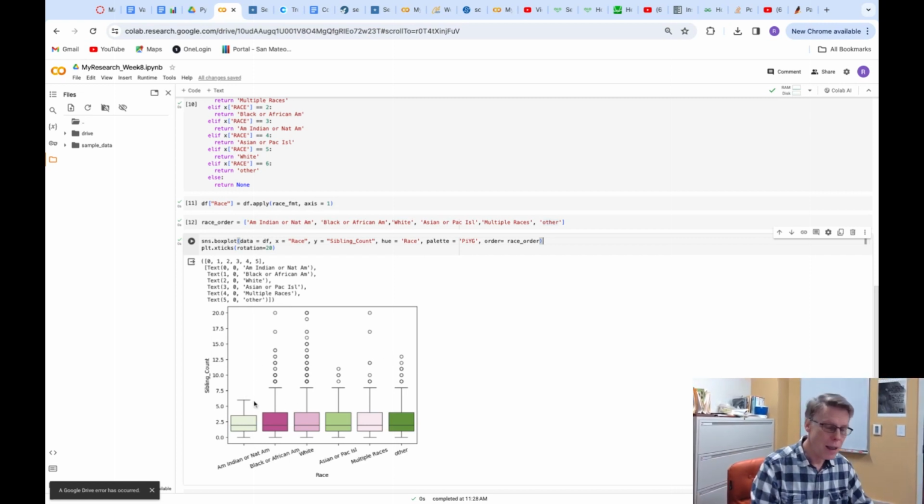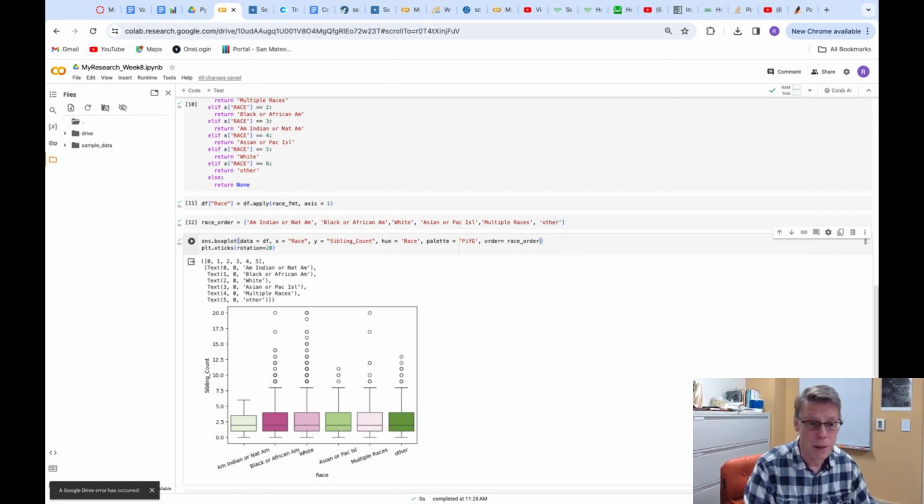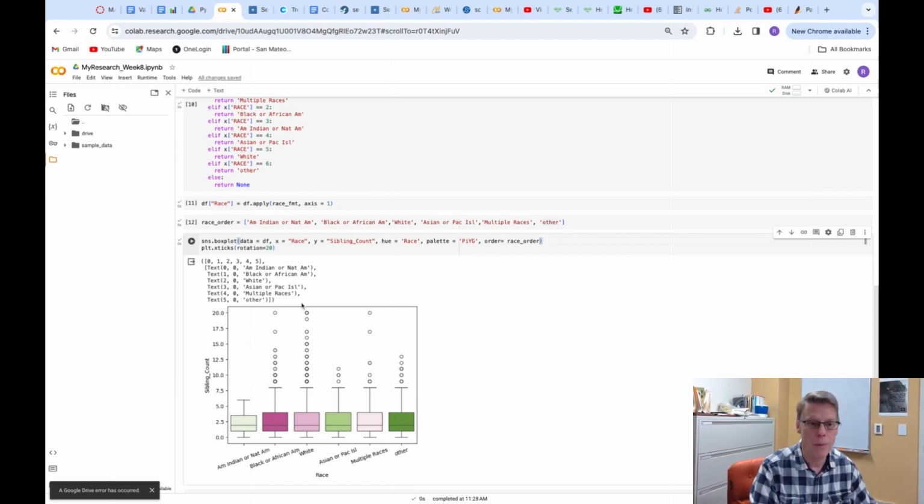But I wanted to highlight that this seems to be a difference amongst this category, that really they don't have a huge number of siblings, at least in this subset of the population. The folks who identified as American Indian or Native American, none of them had a huge number of siblings.